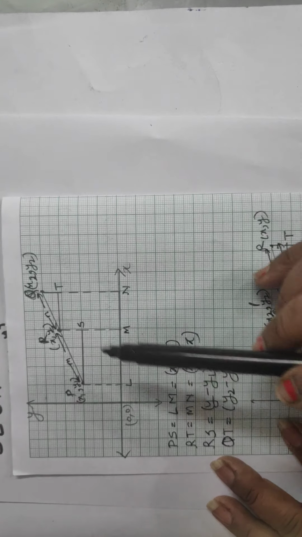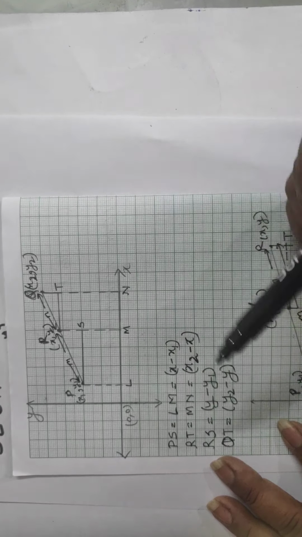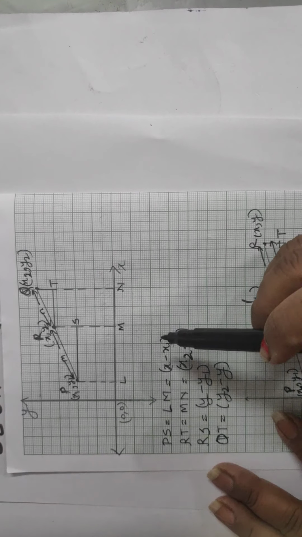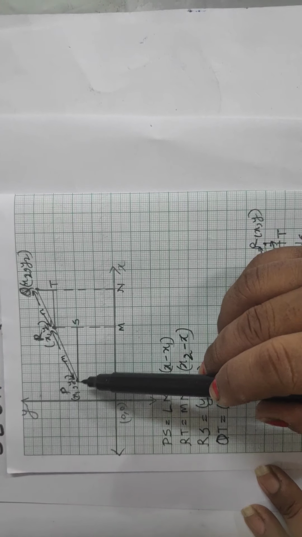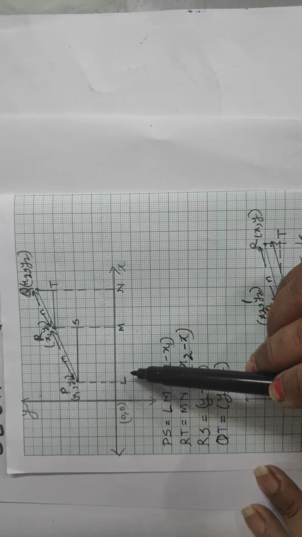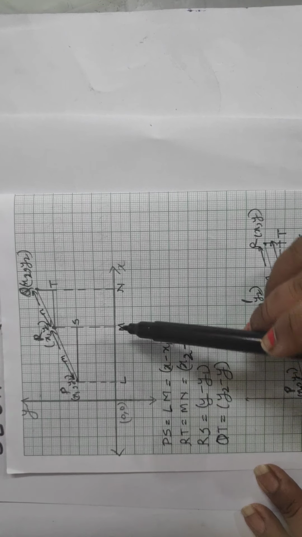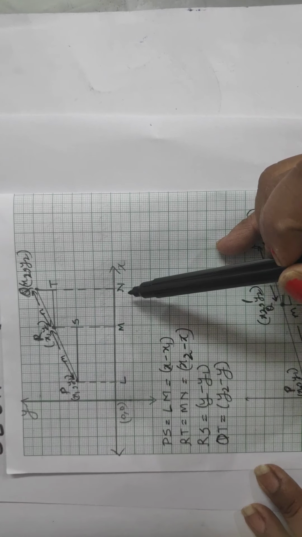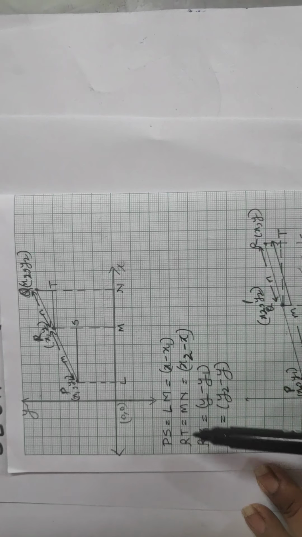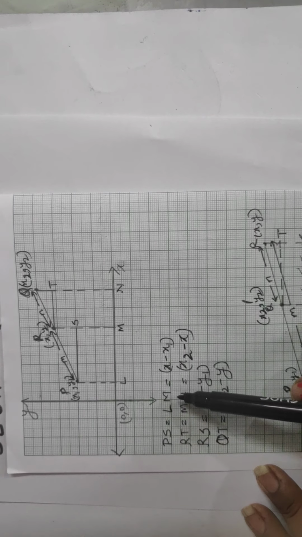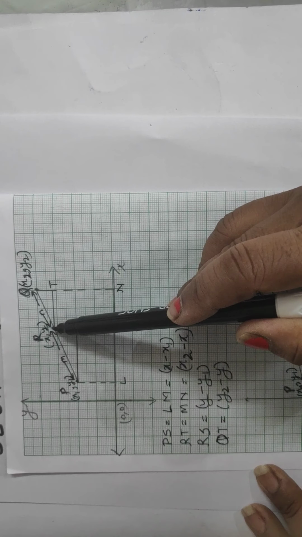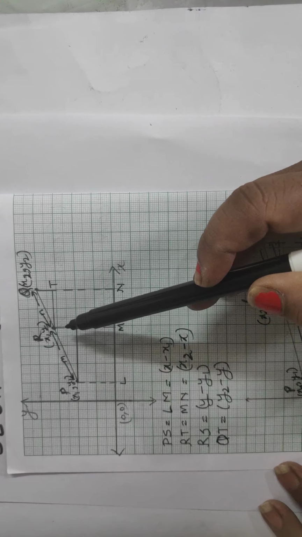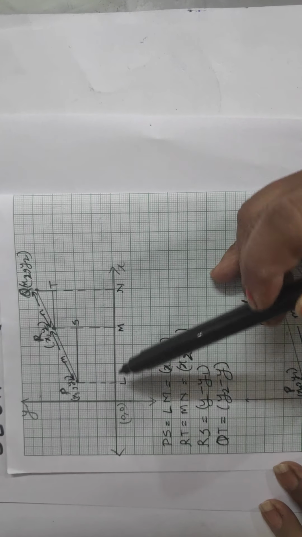Before deriving the formula, we should know the values of a few things. Here we can see PS is equal to LM, and RT is equal to MN. Now what will be the value of LM? PS is equal to LM. This is the coordinate x here; if we see the abscissa of both points P and R, M is x and L is x1.